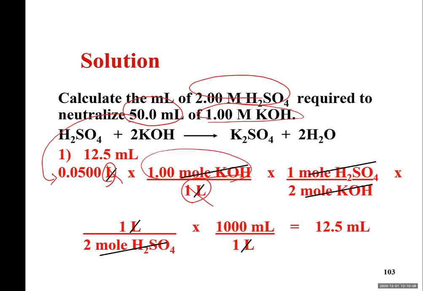Is it fair to say that I should write moles of KOH on the bottom to be canceled with moles of KOH on the top? According to the equation, every 2 moles of KOH needs 1 mole of sulfuric acid. So by doing this, now you have moles of KOH converted to moles of sulfuric acid.